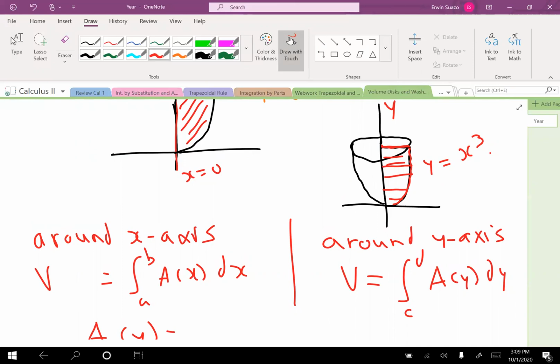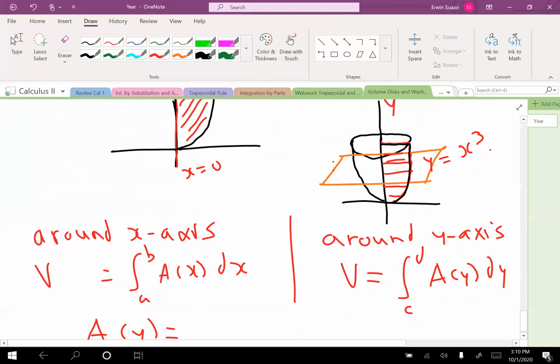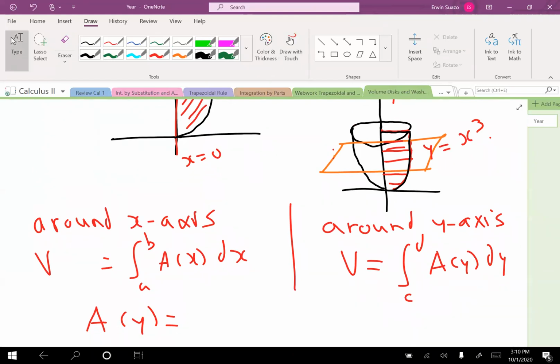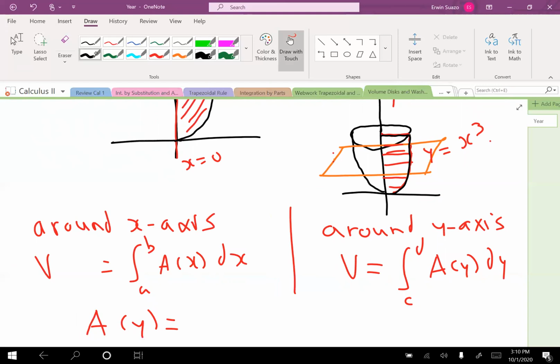So you're going to cut it horizontally, something like this. When you cut it horizontally, your slice is going to look like this. Again, this is the area I need.